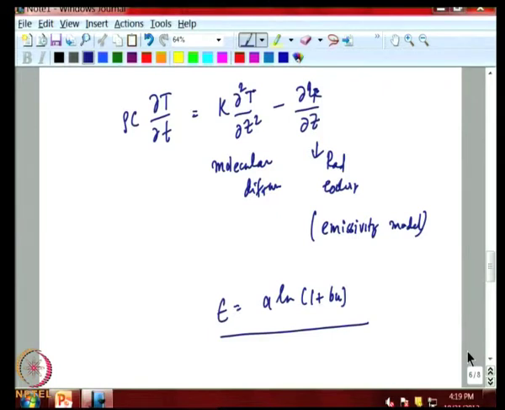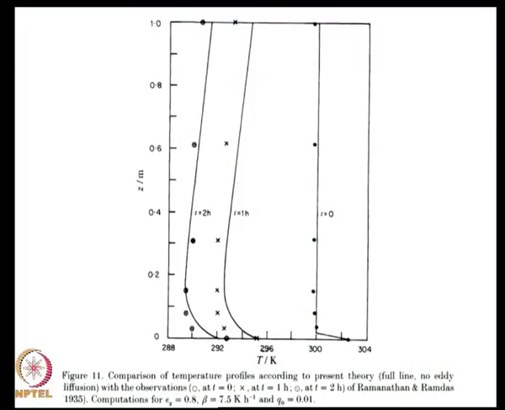So, this kind of equation is fairly easy to solve today because of the availability of high speed computers. Now, let us look at what these solutions tell us with regard to this phenomenon. One example of this solution starts with a near isothermal profile at time t equals 0, and then you integrate in time.